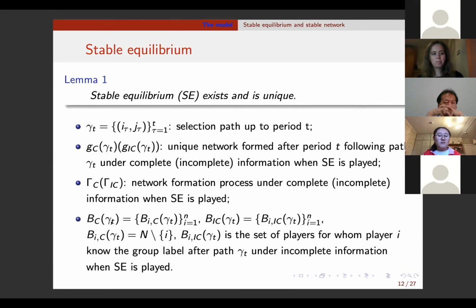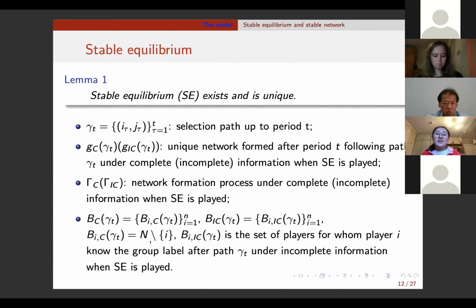Here, B^C and B_i^C(gamma_t) are n-dimensional vectors, and B_i^C(gamma_t) is the set of players who are ever connected with player i, or the set of players whose exact group label player i knows.